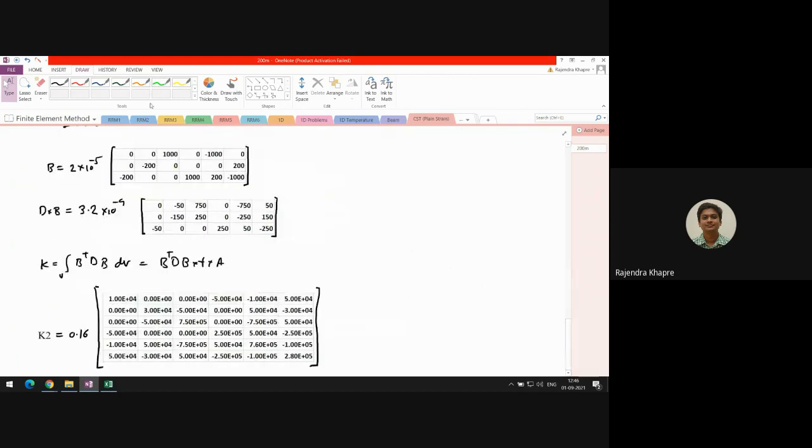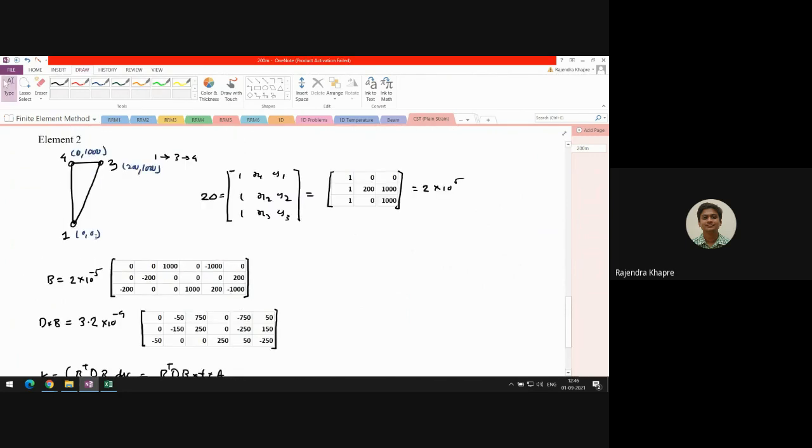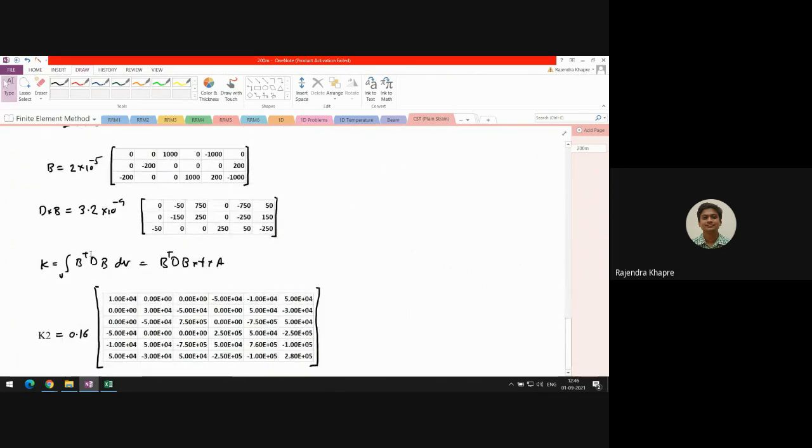Similarly, if you focus on the second element, the connectivity is 1, 3 and 4. This much portion belongs to node number 1, this much to node number 3, and this much to node number 4.